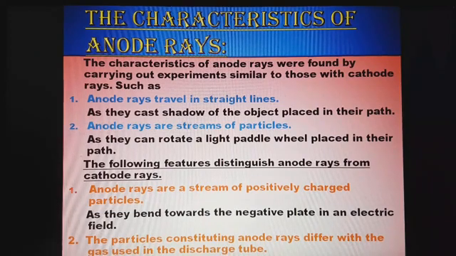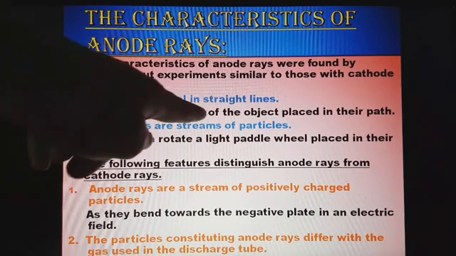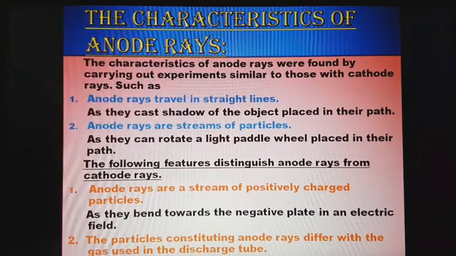To prove that anode rays travel in a straight line, the same setup was used, and it was observed that a shadow was cast. If the shadow of the object was cast, this proved that anode rays travel in a straight line. The second property: anode rays are a stream of particles.